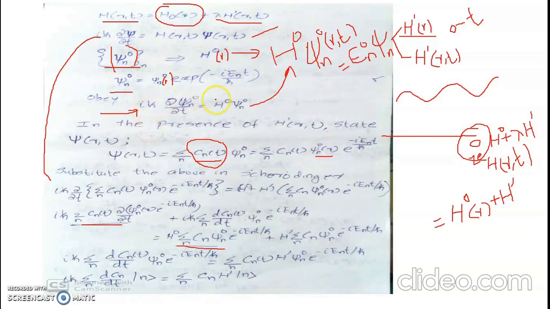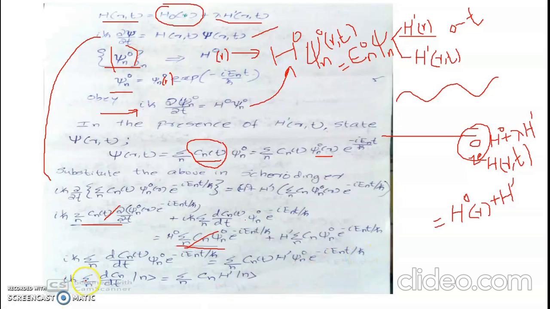This is reasonable, since this quantity on the left side, which is underlined, is equal to this one. So this will vanish in the next step, and I obtain iħ summation over n dCn/dt ψn0 e^(-iEn t/ħ) equal to summation over n Cn(t) H' ψn0 e^(-iEn t/ħ).